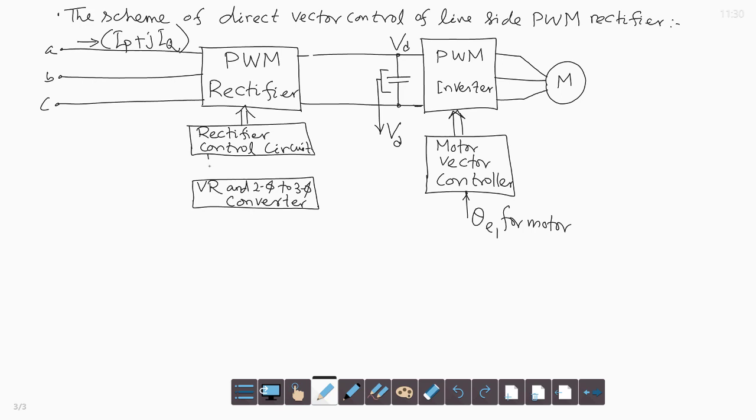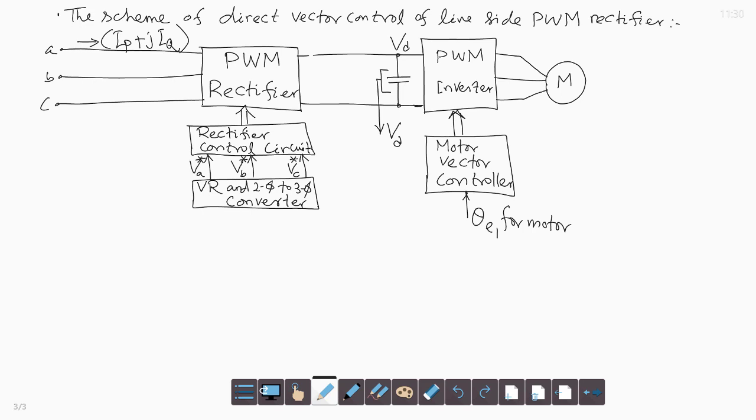So it generates VA star, VB star and VC star for PWM rectification.